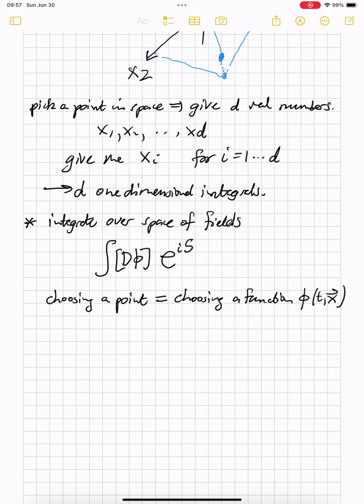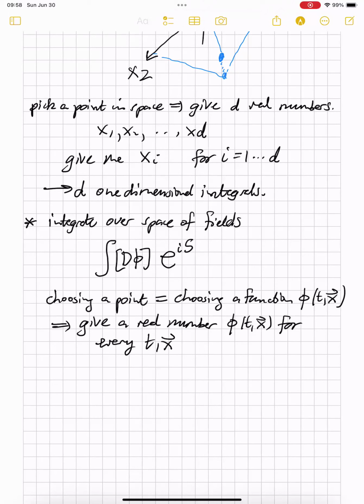But that means you must give a real number. I'm assuming I'm dealing with a real field. You must give a real number. Let's call that real number phi of t comma x for every t and x. So that's what it means to think about the space of fields.